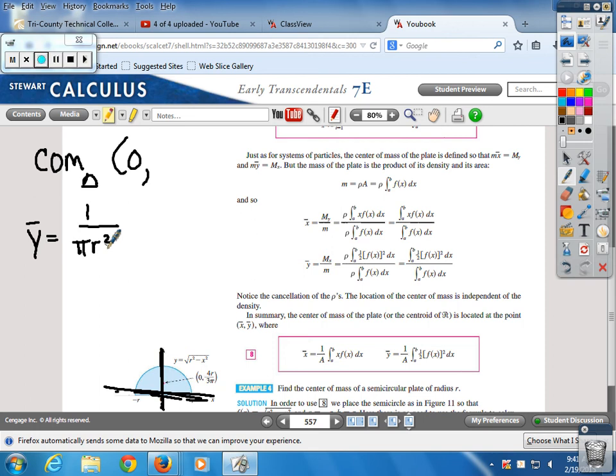Or would it be 1/2? It'd be 1/2, wouldn't it? You can put the 1/2 in there, or you can divide it by 2, it doesn't matter. From negative r to r of 1/2, and plug in the square root of r squared minus x squared, to the second power, dx.